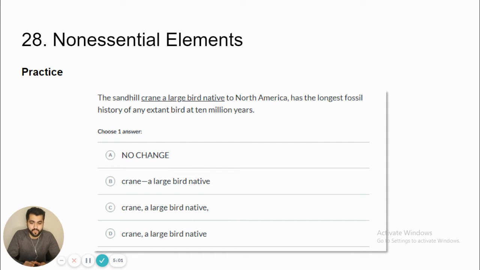In the underlined part, we need to see where we should put our comma. We can't use dashes because we already can see one comma. If you look at option D, here we have a comma after crane. So the non-essential clause starts after crane and ends at North America, and that seems like the correct option. So that's how you handle non-essential elements.